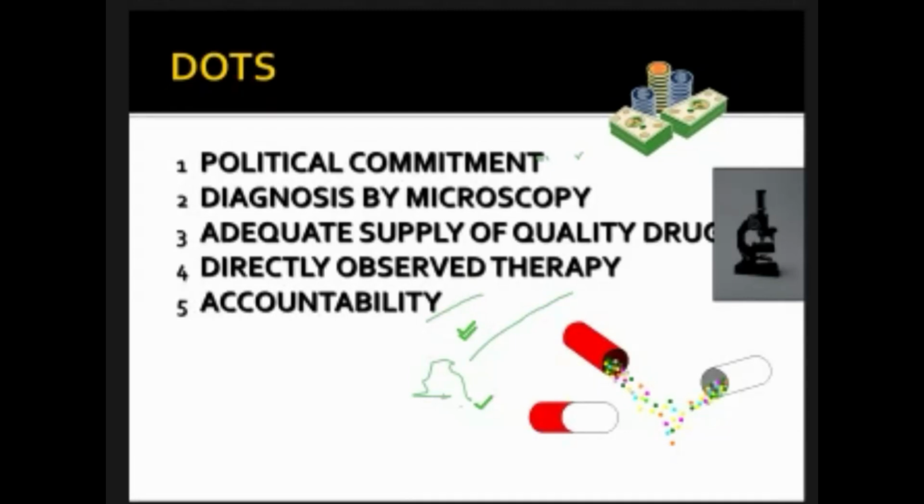And line probe assay, we had it earlier 10 years back. We don't have line probe assay for the last 5 years. So we have actually gone back. So we are having problems.